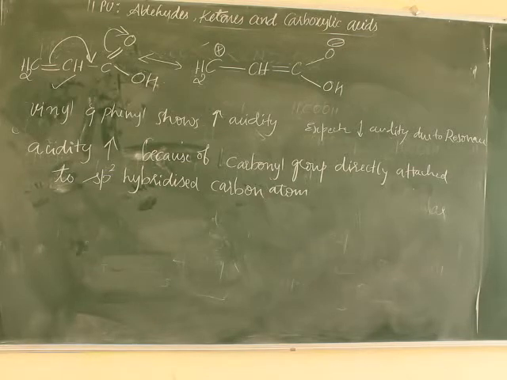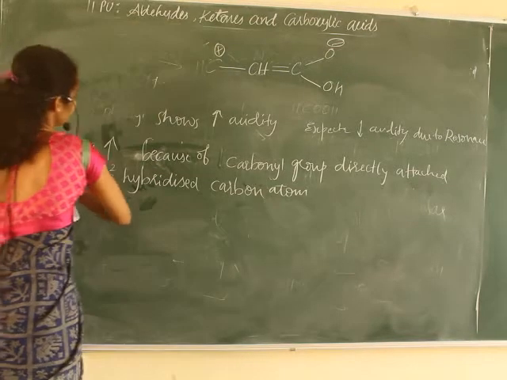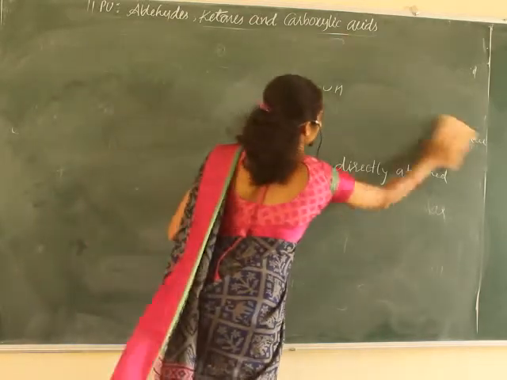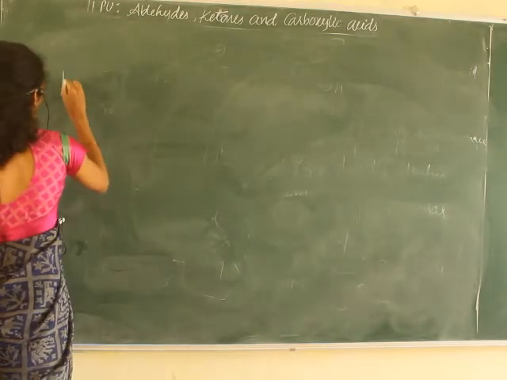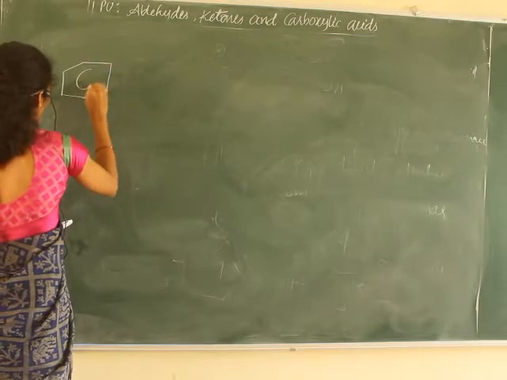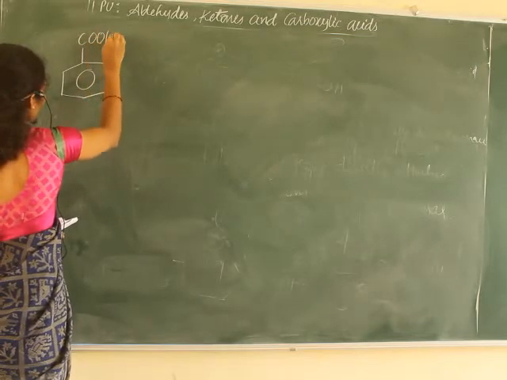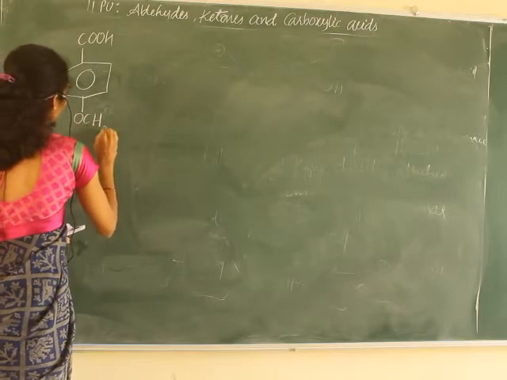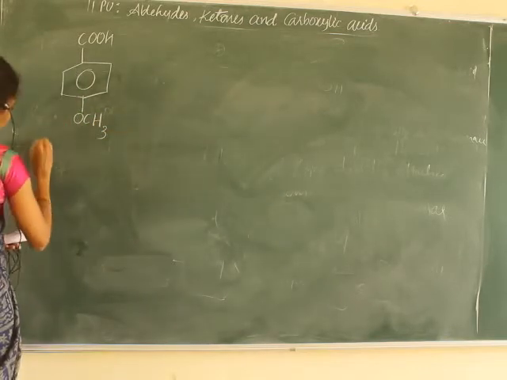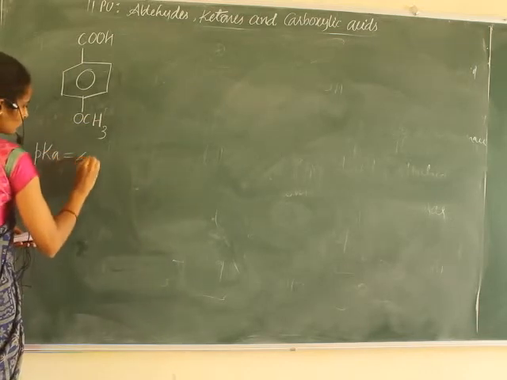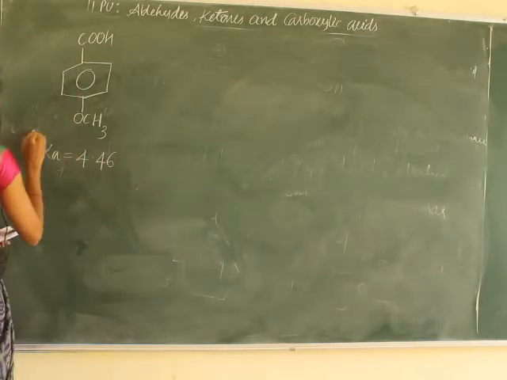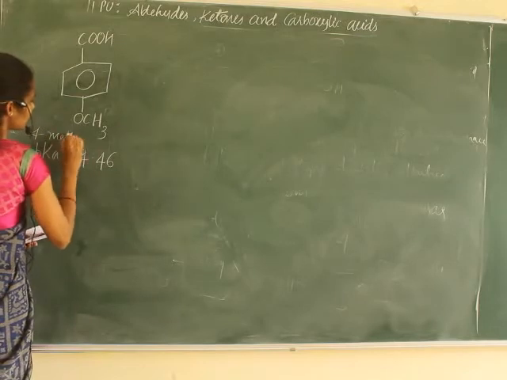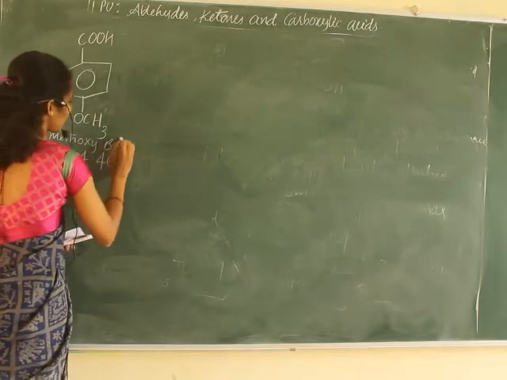Okay, if we compare the acidity of a few carboxylic acids, the first one is 4-methoxybenzoic acid.